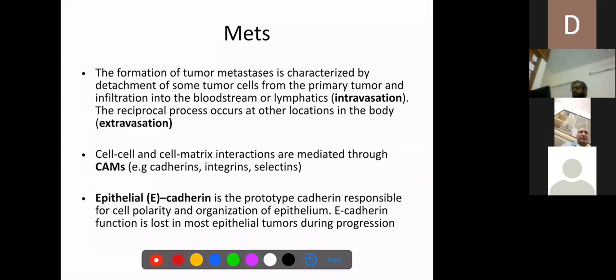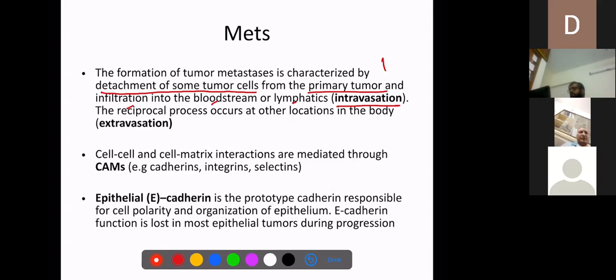So what happens here is that the formation of tumor metastasis is characterized by detachment of only certain tumor cells. A few tumor cells detach from the tumor mass, and from the primary tumor they infiltrate into the bloodstream or lymphatics. This is called intravasation. Intravasation into the blood vessel, and the reciprocal process occurs at other locations.